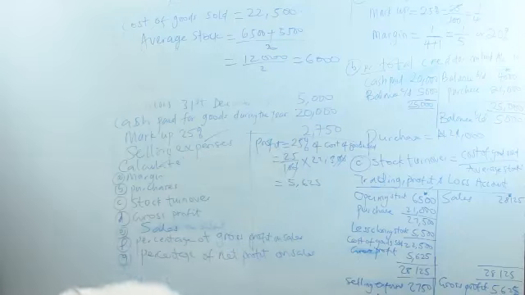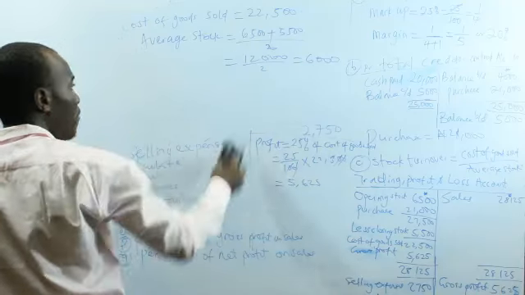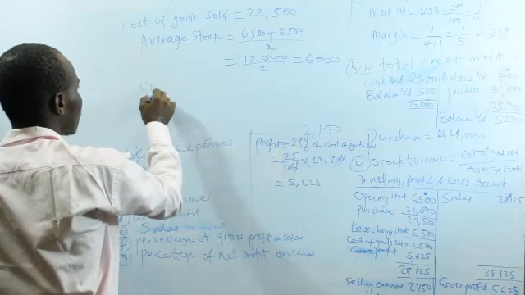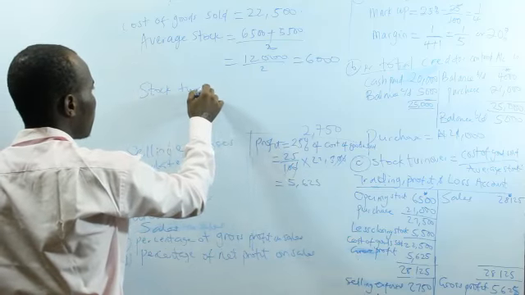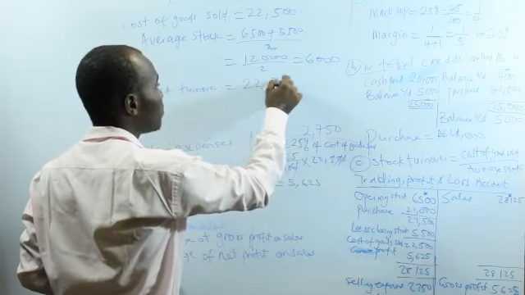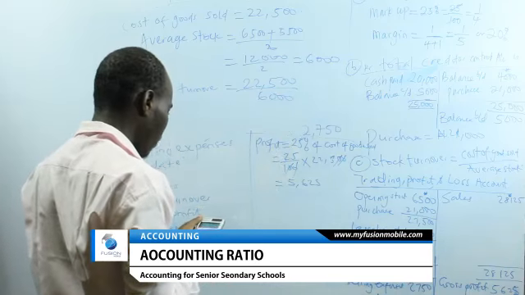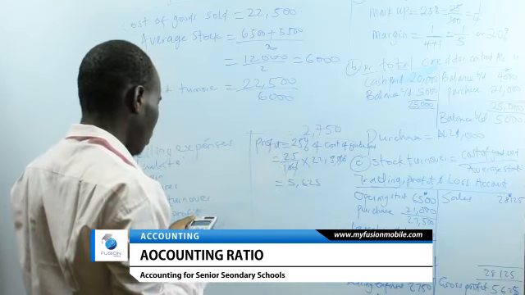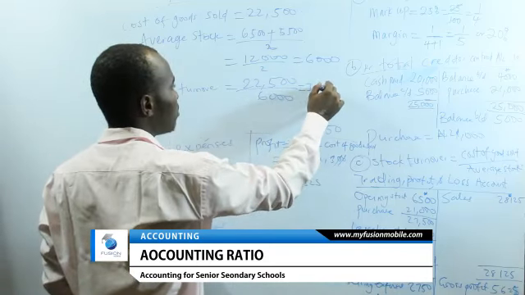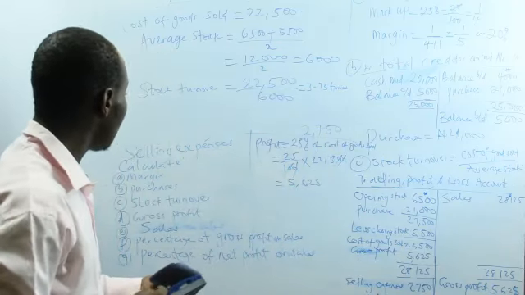So we can now calculate our stock turnover. Stock turnover is equal to the cost of goods sold, 22,500, over average stock, so 22,500 divided by 6,000. That gives us 3.7 times.